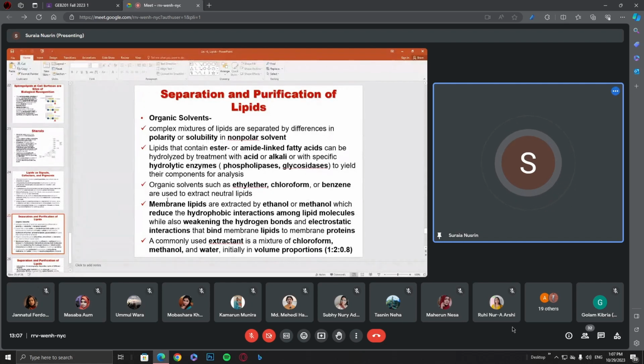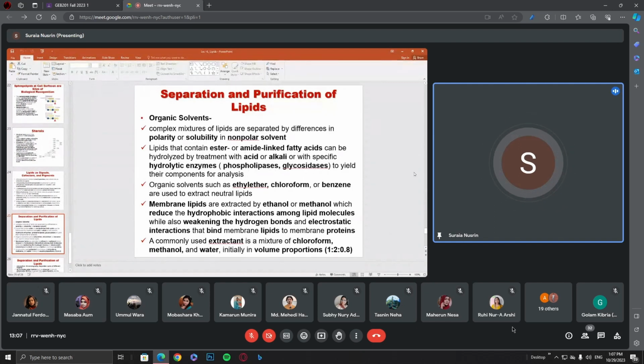Those bonds or interactions can be broken down, or made weak, by the solvent ethanol or methanol. Also, the membrane lipids sometimes interact with the membrane proteins, so it will be easy to break down those interactions by using these solvents.